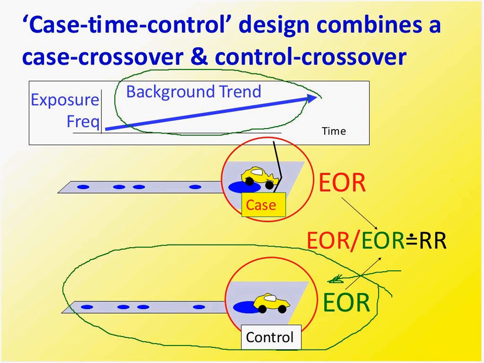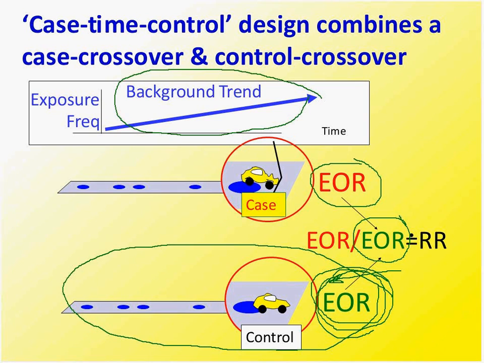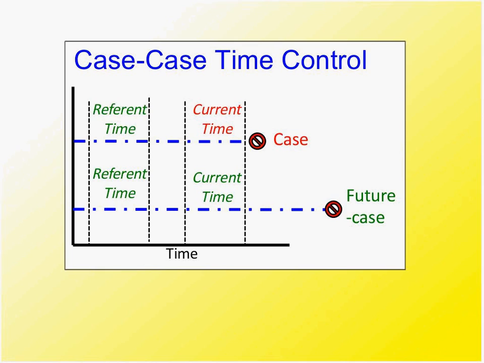That gives you an odds ratio that represents the trend in non-cases, and if you adjust the odds ratio you see in the cases by the odds ratio you see in the non-cases, you get a better estimate of the relative risk. Wang extended that idea to make it a case time control, so that your controls were sampled not just from the general population but from future cases, and that would provide a better time control.